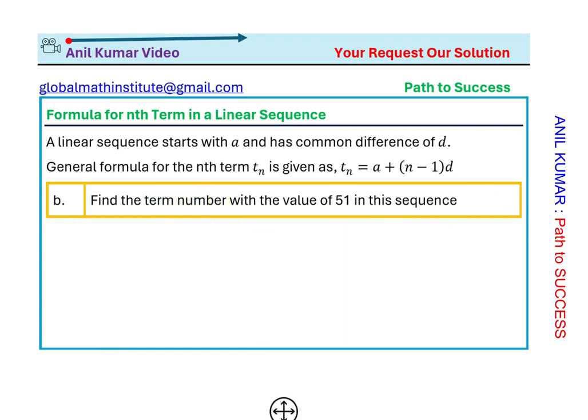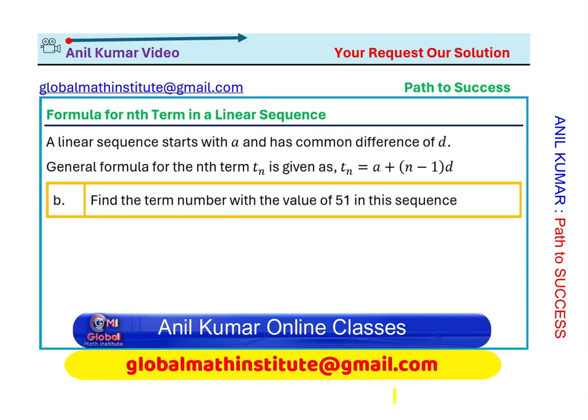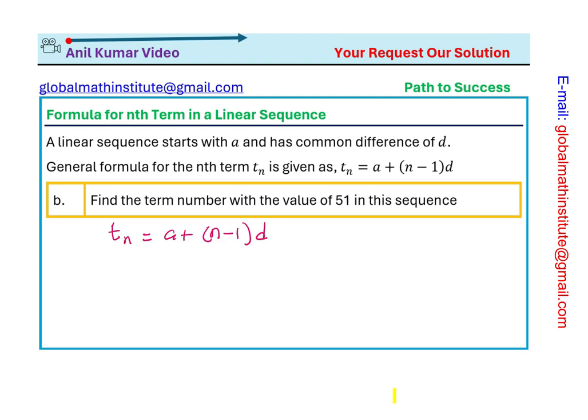Before this, let me write down this strategy. How did we isolate n? Let's write down the steps. Tn equals a plus n minus 1 into d. First we did Tn minus a, so we have n minus 1 into d. Then we did Tn minus a divided by d to get n minus 1.